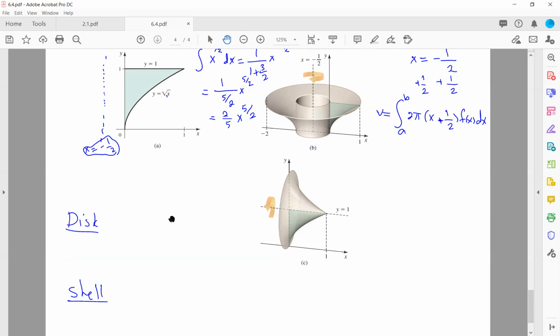Guys, take a minute or two, think about this. We have one answer, disk: integral of 1 minus square root of x squared dx. This is one answer. The rest of the class.